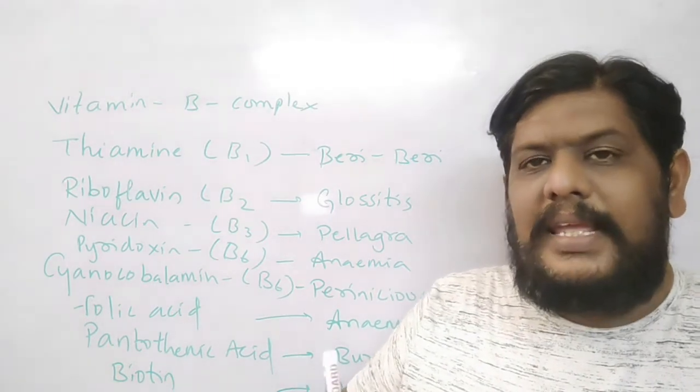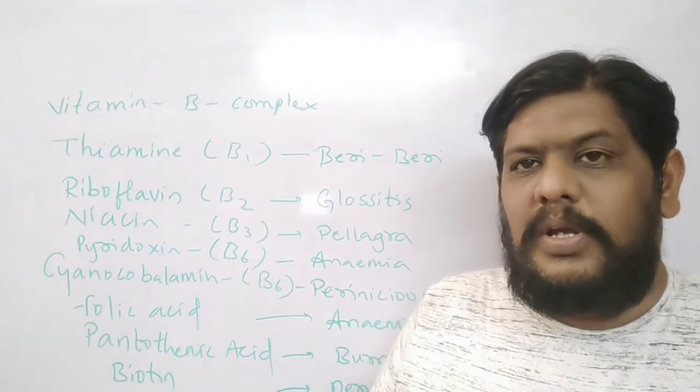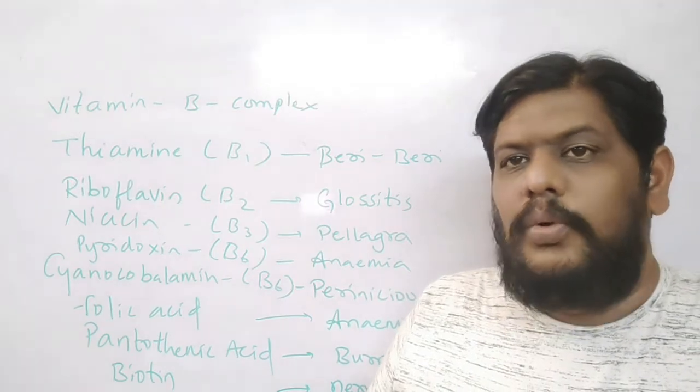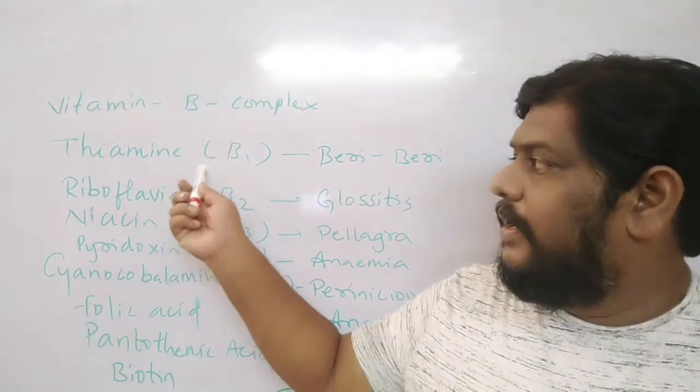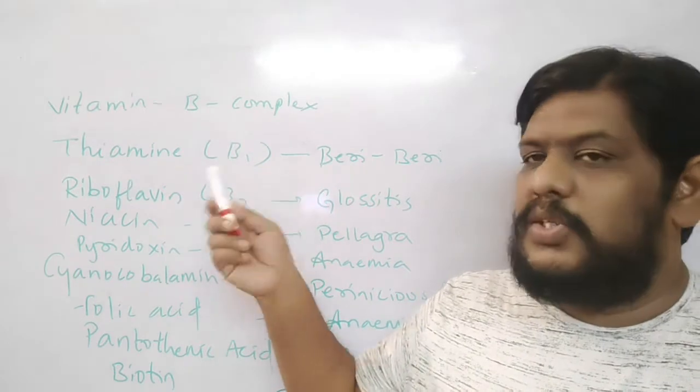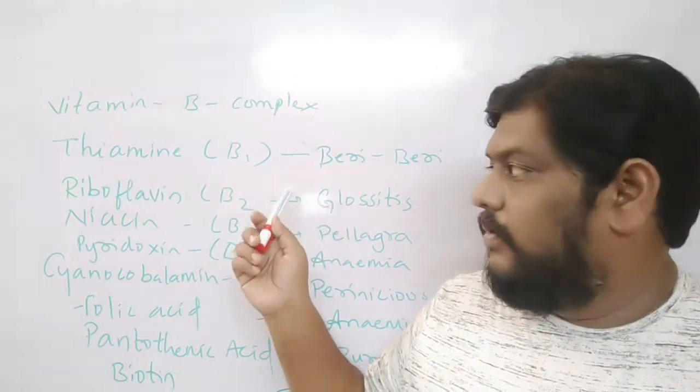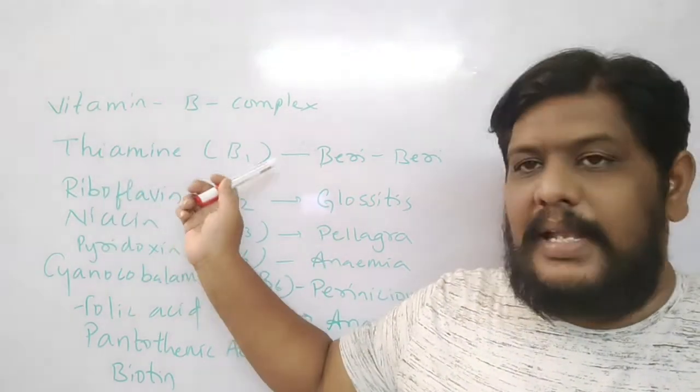That's how they came to know that this problem is because of throwing out the water or starch. So that is a basic source of this B vitamin, that is thiamine, B1.